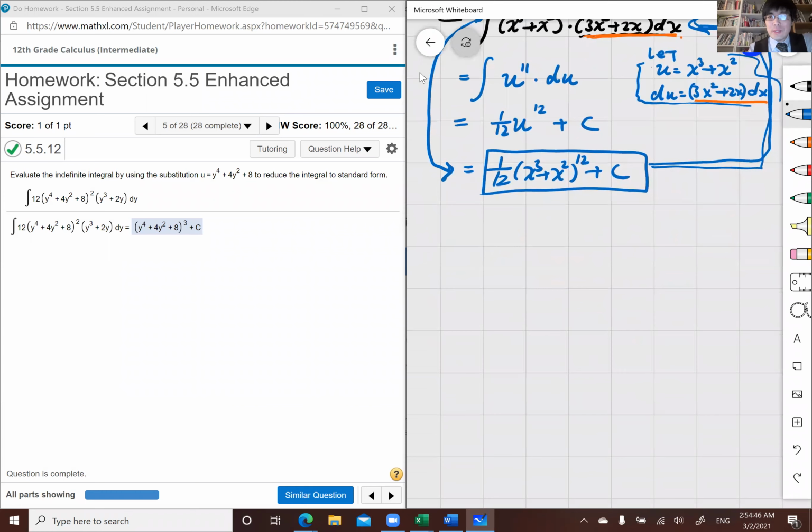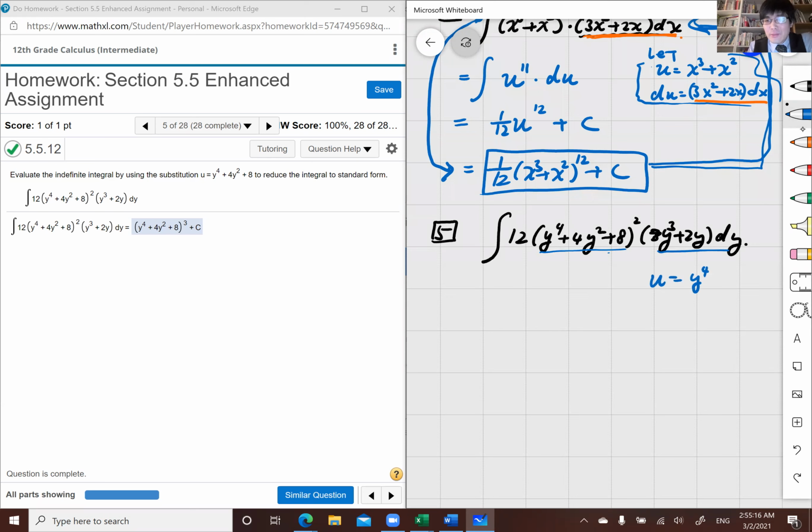Okay, so next one, number 5. The integral of 12 times (y to the 4th plus 4y squared plus 8) squared times (y cubed plus 2y) dy. So unfortunately, this is not exactly equal to the derivative of this part, but let's take u is equal to y to the 4th plus 4y squared plus 8.